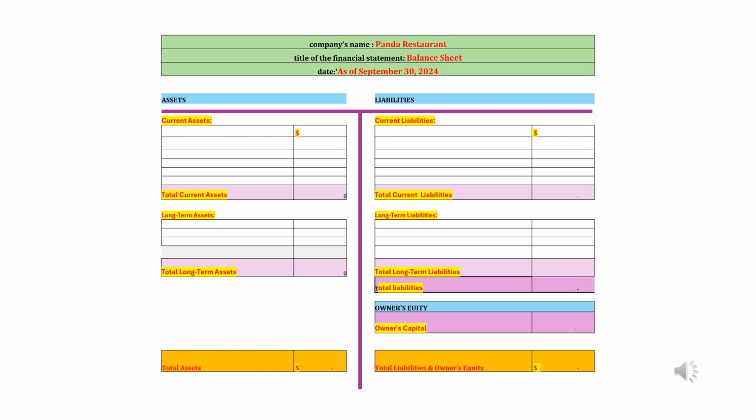Owner's equity, unlike physical assets, does not exist as a tangible resource. Instead, it is determined by subtracting total liabilities from total assets. This structured approach ensures clarity when presenting financial data, making it easier for stakeholders to assess the company's financial health. Let's move forward with building the balance sheet step by step.